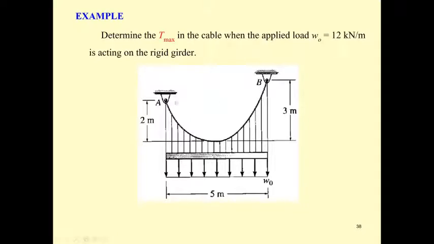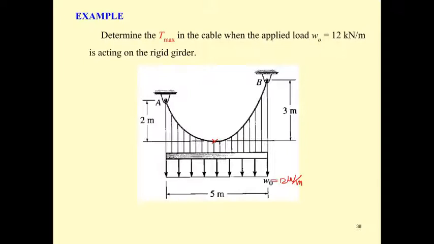This is the cable having a pin at A and a pin at B, and between A and B there is a very stiff girder subjected to a w of 12 kilonewton per meter. And this cable has the minimum height allowed here.